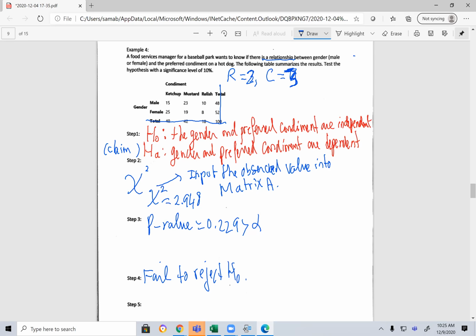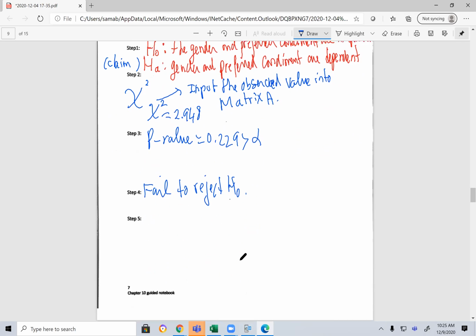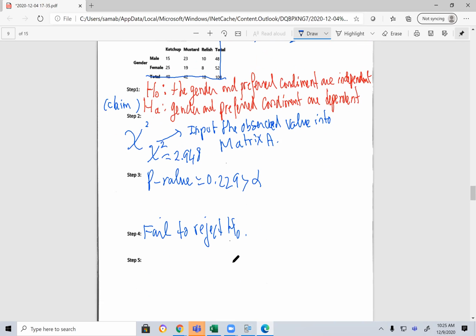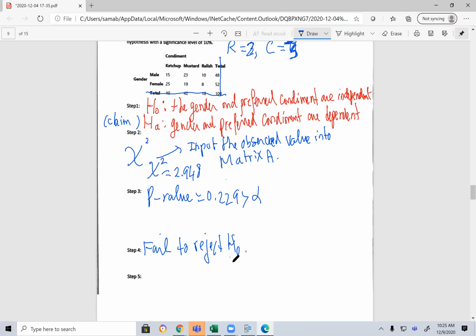Your decision is going to be fail to reject H0. I'm sure you're tired already of hearing of rejecting, failing to reject. But as I told you, when we started chapter 7, it was all going to be about this.